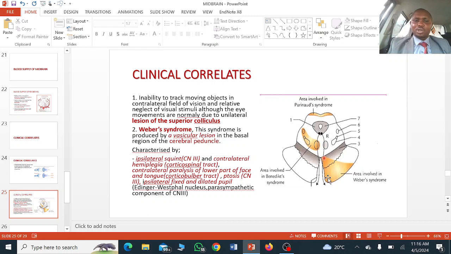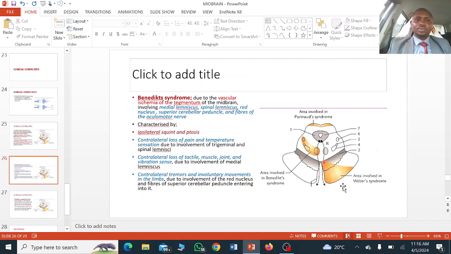You have ptosis because of involvement of the oculomotor nerve, and you will have an ipsilateral fixed and dilated pupil when there is a problem with the Edinger-Westphal nucleus, so the parasympathetic component of the oculomotor nerve is involved. On this image, this is the area that is involved in Weber's syndrome.